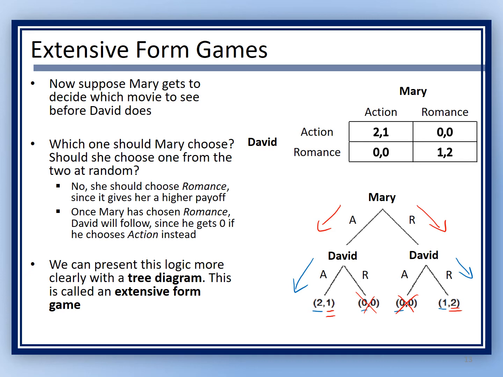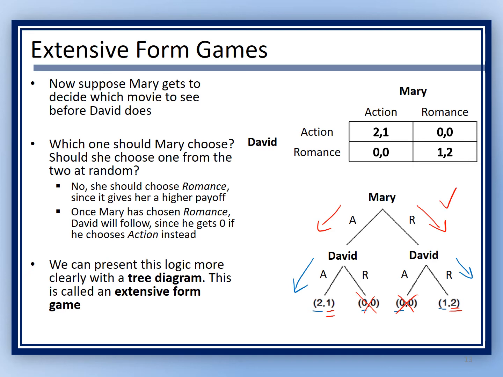So this logic can be presented with a tree diagram, and this is called an extensive form game. So you can get an idea of how the logic goes. So Mary, in the end, you would expect her to choose the romance movie.